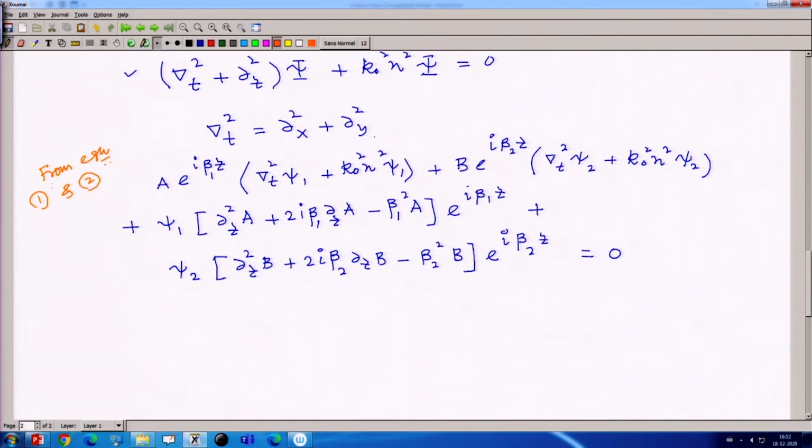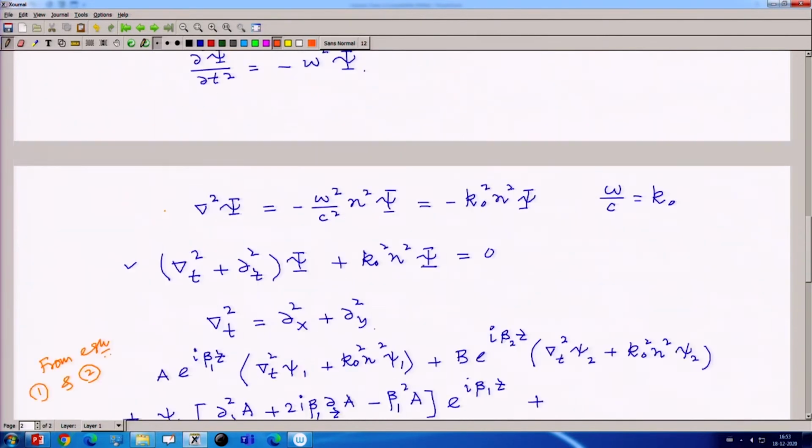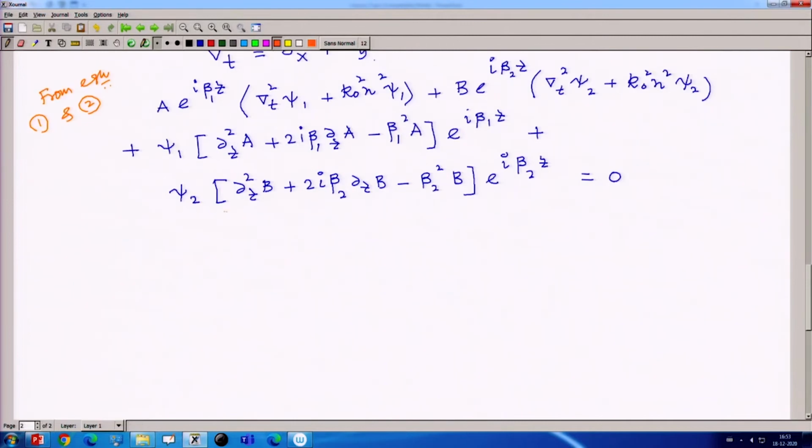We have this one. So, I just put this value of psi in equation 1 and I am getting this one.